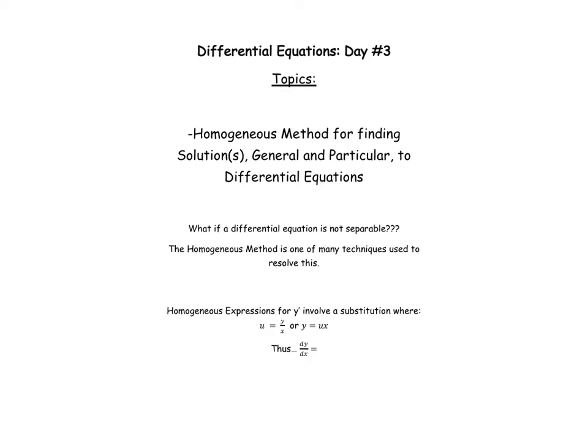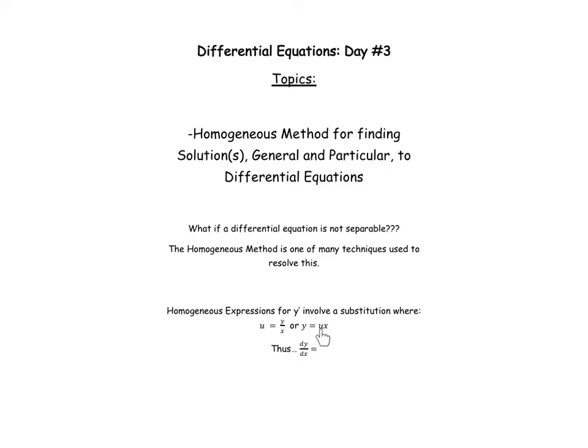The homogeneous method applies when you see the application of the following substitution, either u equals y over x or y equals ux. Now if y equals ux, I could use the product rule on this to find dy dx, which would relate u and y with respect to x.